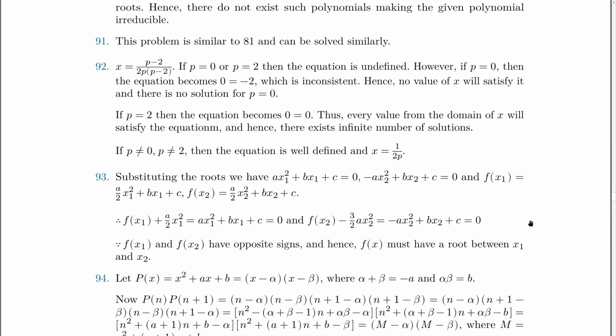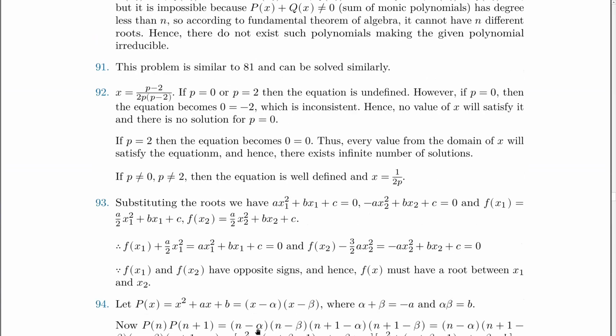Now we look at p of n and p of n plus 1, the product of both. In the equation, we substitute x is equal to n and n plus 1 to obtain this relation, which is (n minus alpha) into (n minus beta) into (n plus 1 minus alpha) into (n plus 1 minus beta). And then we solve this. And after solving, we arrive at this equation.